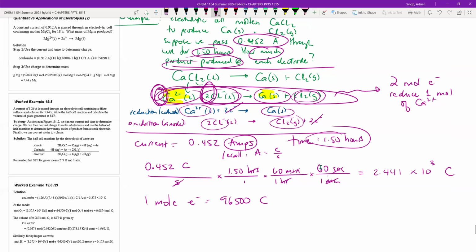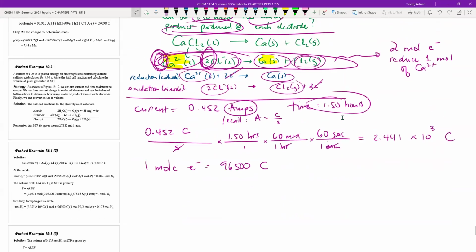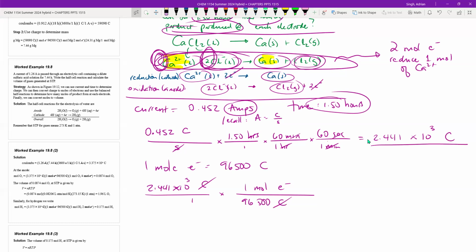So we have our charge here from the first step, when we got rid of the time and just ended up with coulombs. So we have 2.441 times 10 to the 3 coulombs. We know already 1 mole of electrons is 96,500 coulombs. So what I've done is calculated this charge and then determined how many moles of electrons are responsible for that charge.